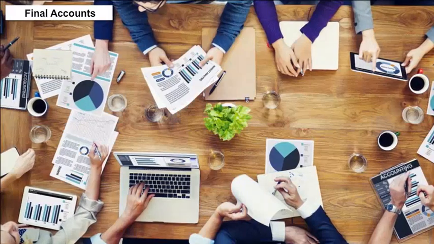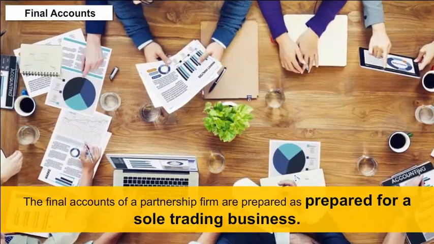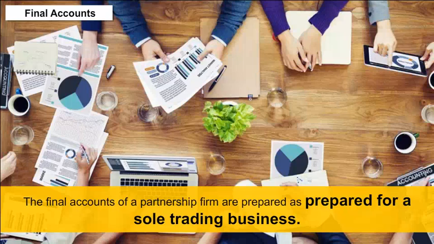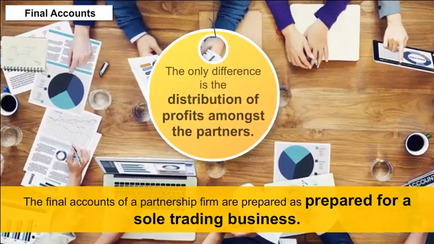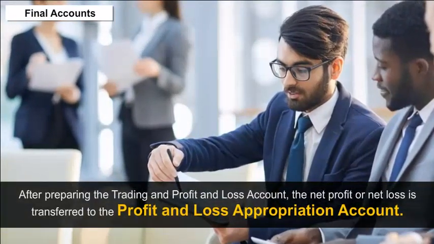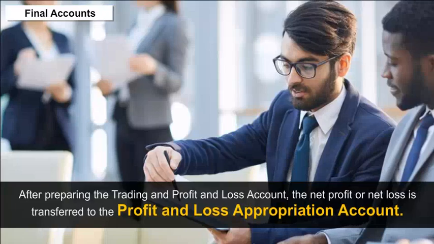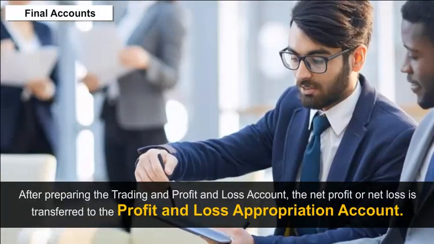Final accounts. The final accounts of a partnership firm are prepared as for a sole trading business. The only difference is the distribution of profits amongst the partners. After preparing the trading and profit and loss account, the net profit or net loss is transferred to the profit and loss appropriation account.